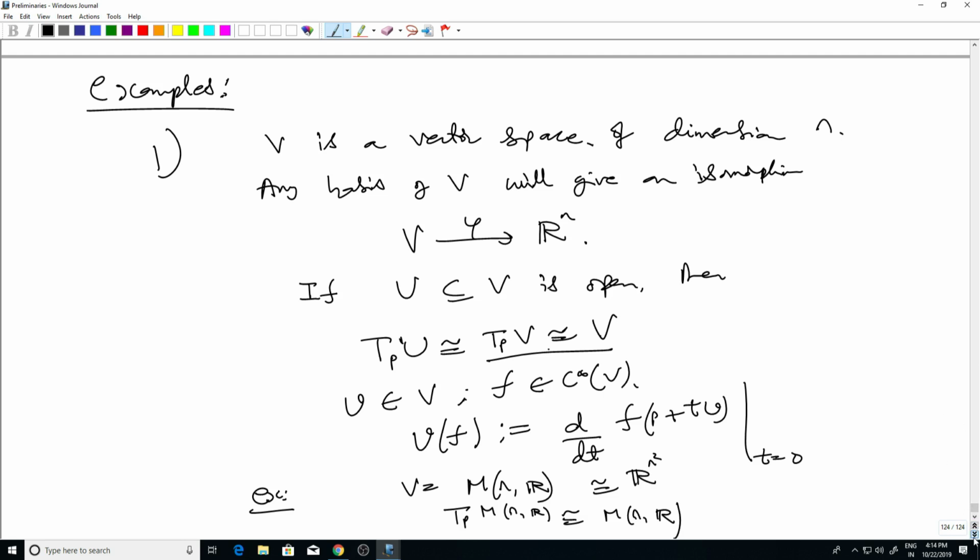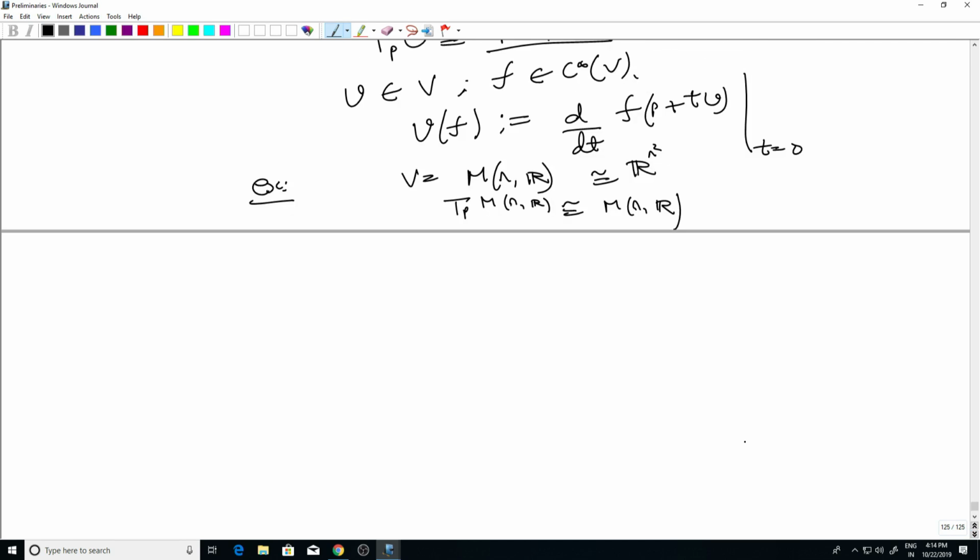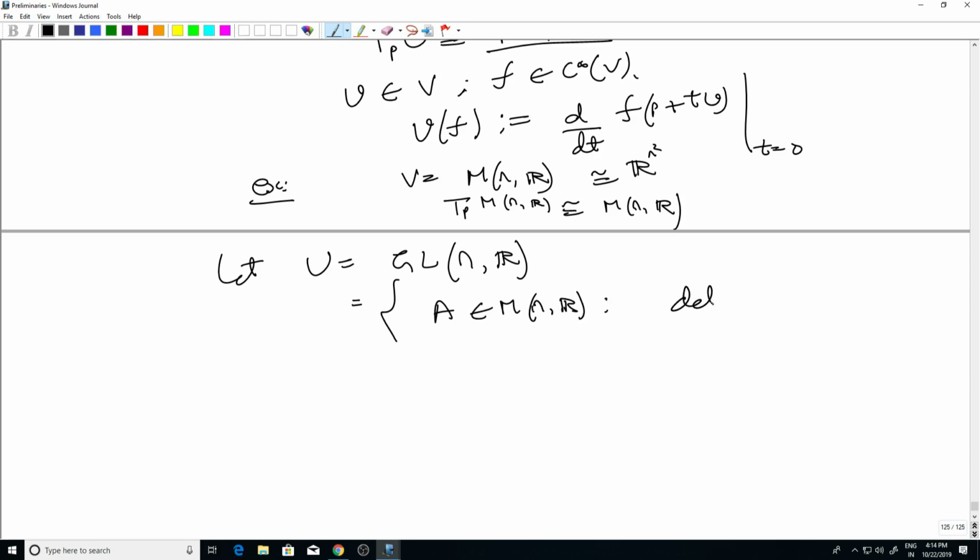And it has an important open subset. Let U equal GL_n(R), which is the set of matrices A in M_n(R) such that det A is not equal to 0.